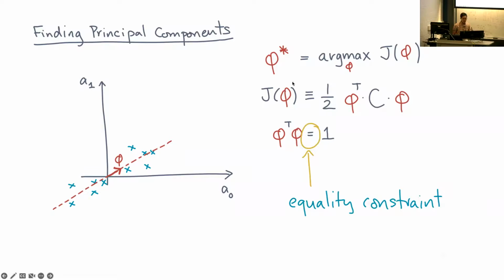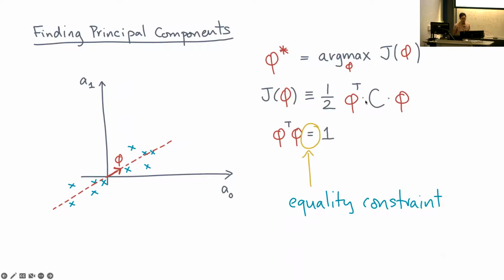So that means the optimization problem I'm trying to solve is maximizing this function of phi subject to phi transpose phi equal to 1, that the vector is a unit vector. All right.